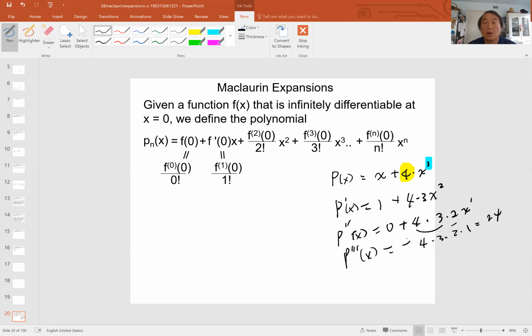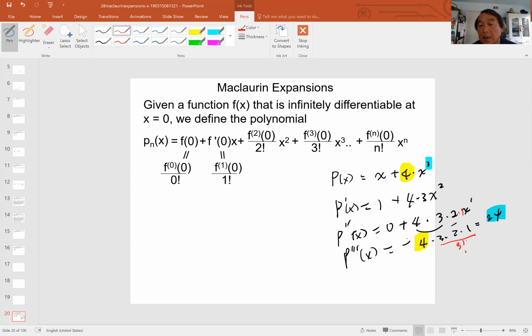And notice, how do I get from this answer, 24, back to the number 4? Well, the number of times you take the derivative is 3 times, so the contribution from the multiplication is n times n minus 1 times n minus 2. This is 3 times 2 times 1. In general, it's n factorial, and in this case 3 factorial.